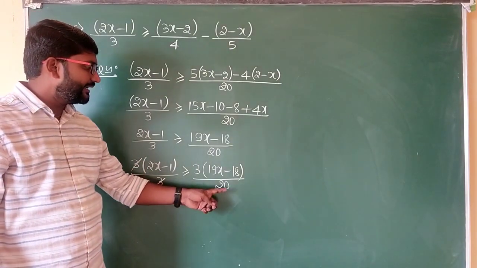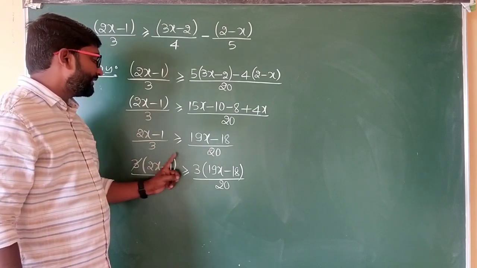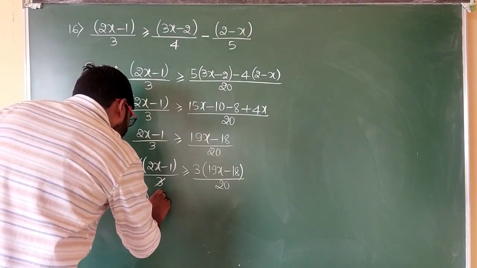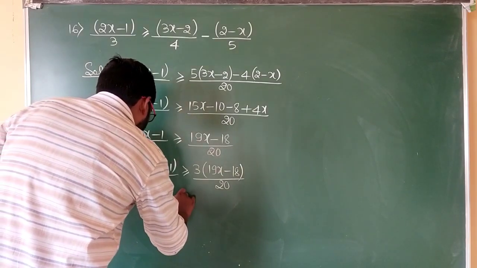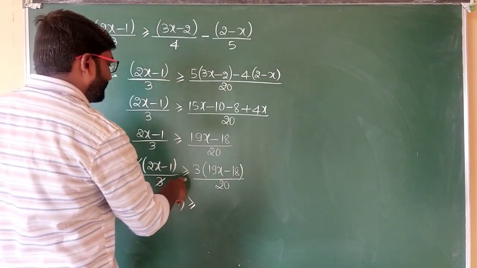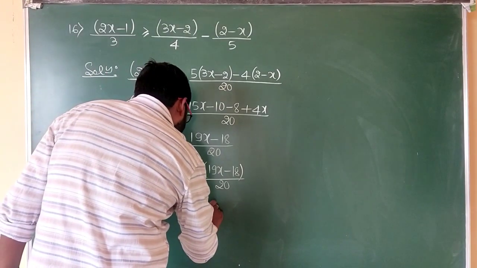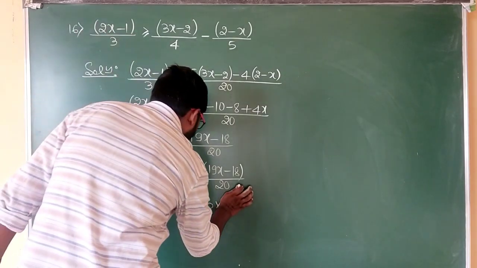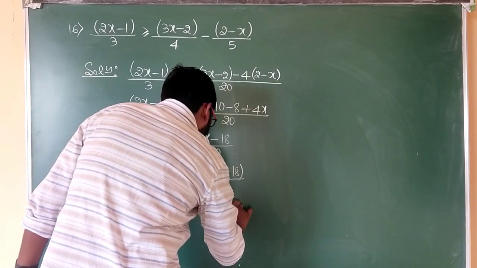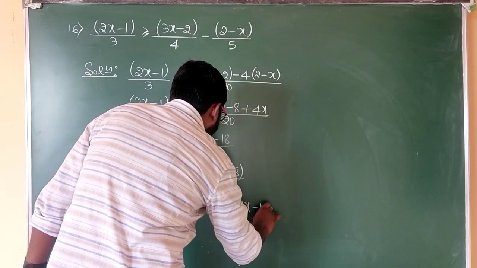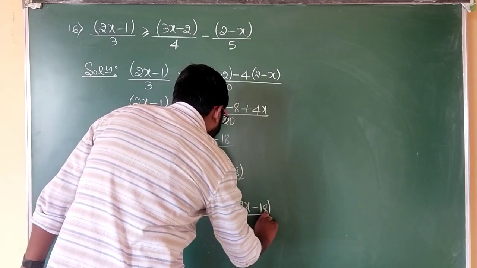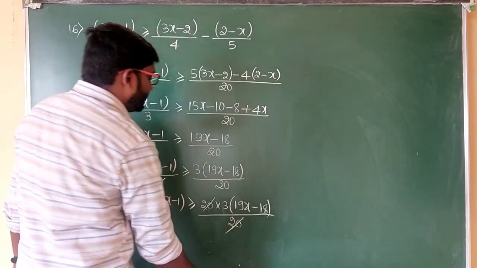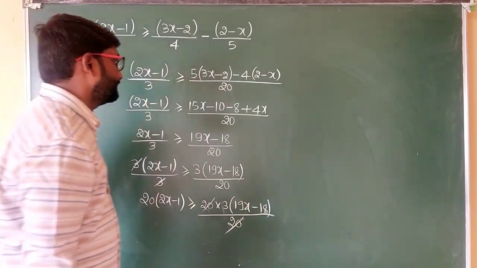Now to eliminate 20, multiply both sides by 20: 20 times (2x − 1) greater than or equal to 20 into 3 into (19x − 18)/20. Here 20 and 20 get cancelled.